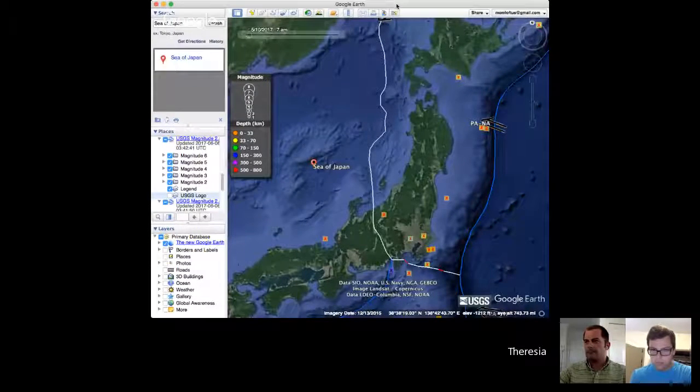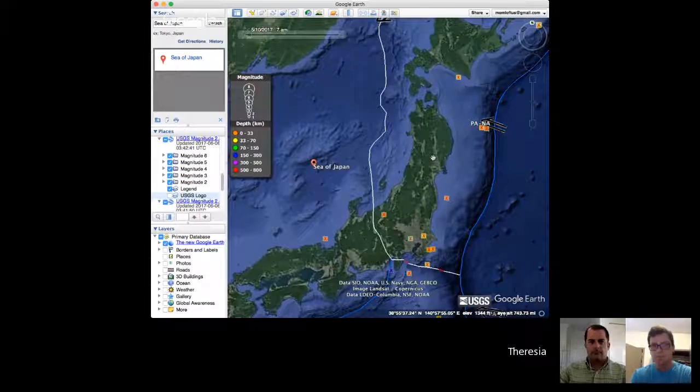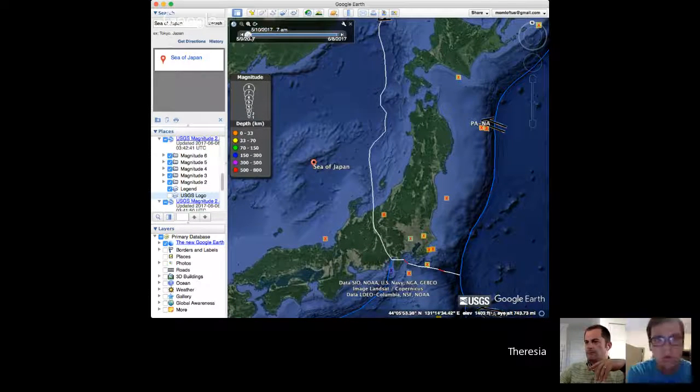Can you see my Google Earth? Yeah. And my Sea of Japan. So you can see all these little squares. Those are places where there are active earthquakes in the last, well, since 30 days, since May 10th. Up on the upper left here, there's the timeline that he's talking about that you can move around to shift things.